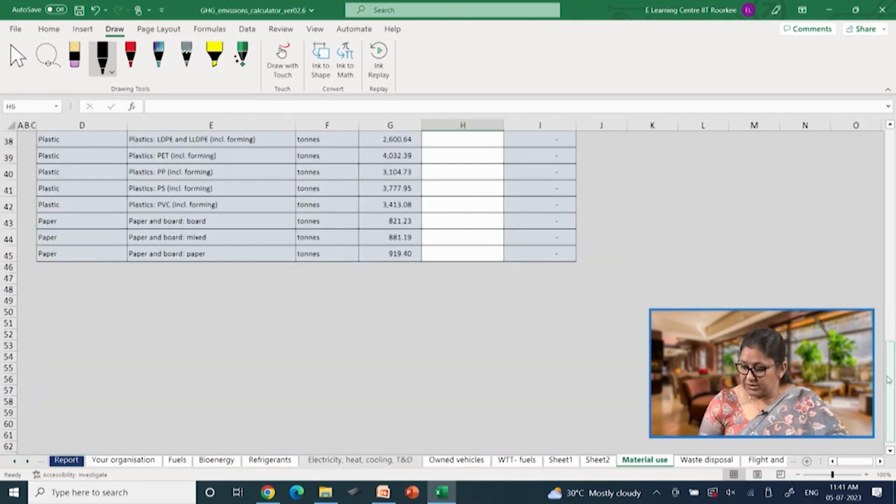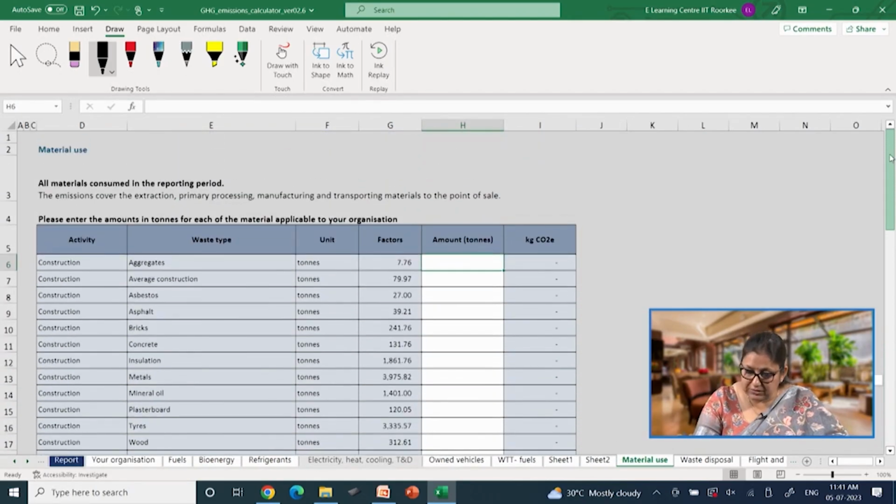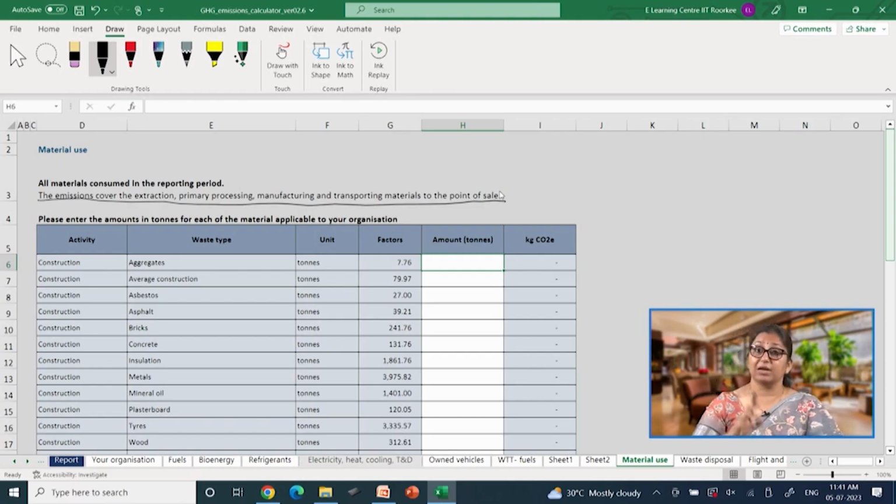Now, we have material use. So, what are the different materials that are going to be used? Now, this is the emissions over the extraction, primary processing, manufacturing and transporting of materials to the point of sale. This is similar to the calculation tools that we found for aluminum or steel or glass, specific calculation tools like those.